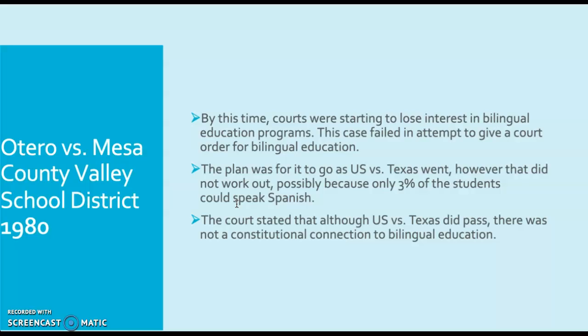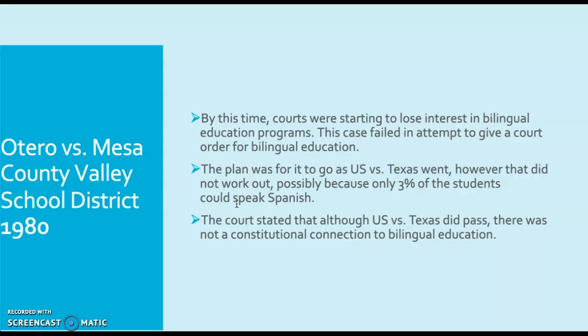The way this had started was they were going to plan to do it just as in the court case United States versus Texas. However, that didn't work out, possibly because only 3% of the students could speak Spanish. The court later stated that although U.S. versus Texas did pass, there was not a constitutional connection to bilingual education.